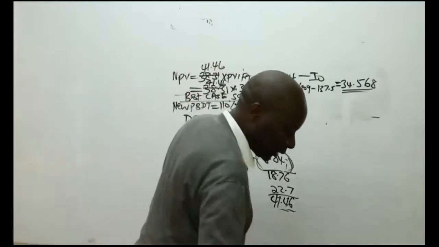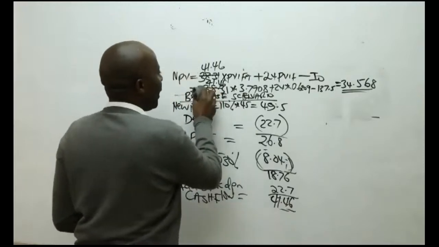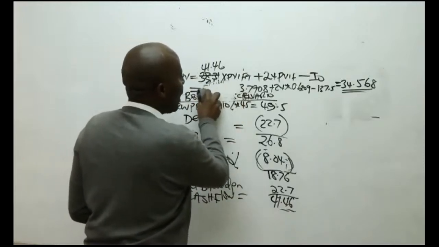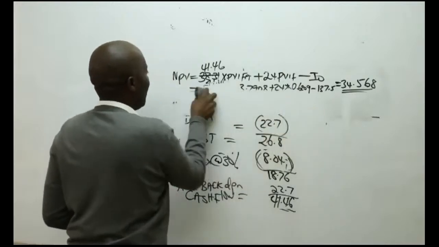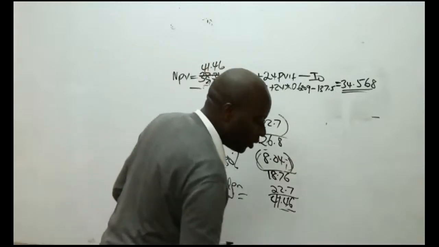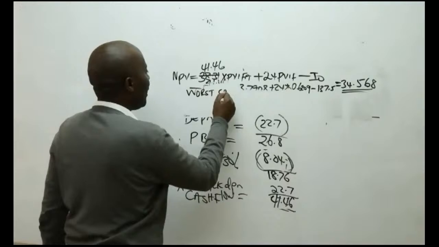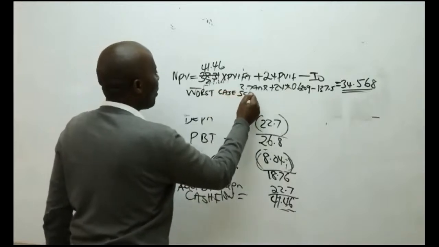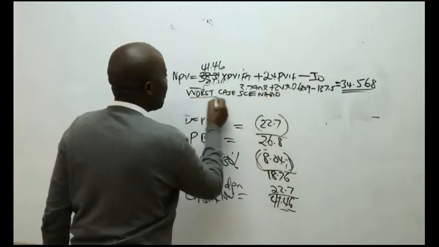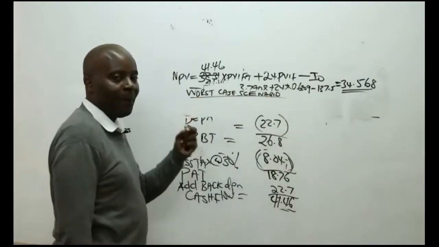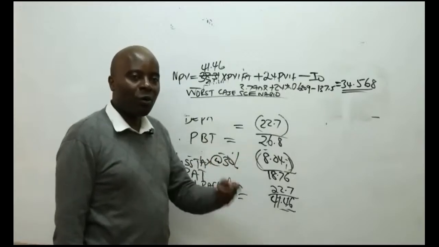So come and give us the worst case scenario. So worst case scenario, my great friends, this is when we expect a beating, when we expect things not to work for us, when we expect our profit to go down.